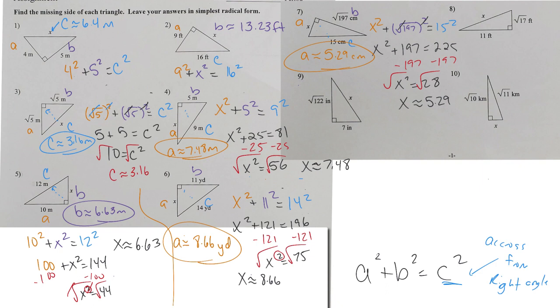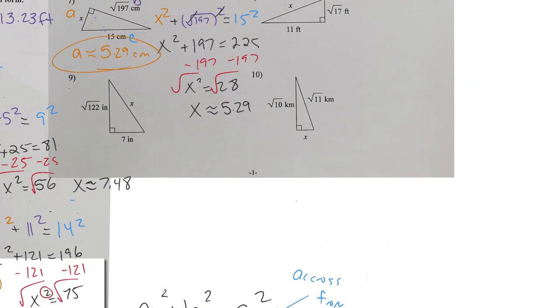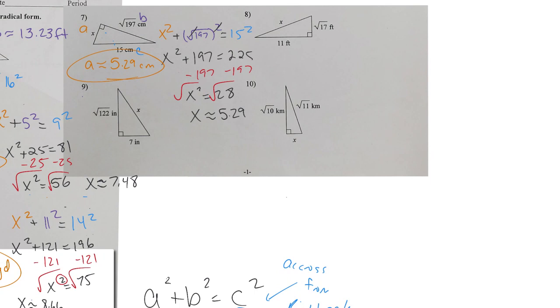All right. So now we're going to go on to number 8. I'm just moving everything over a little bit. So 8, I'm going to go through the exact same thing. Remember, C is across from 90, so C is X this time.